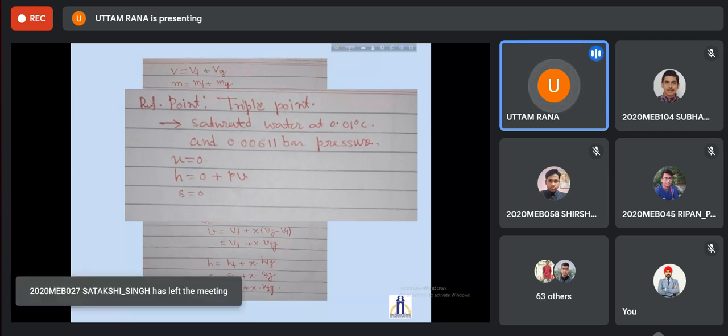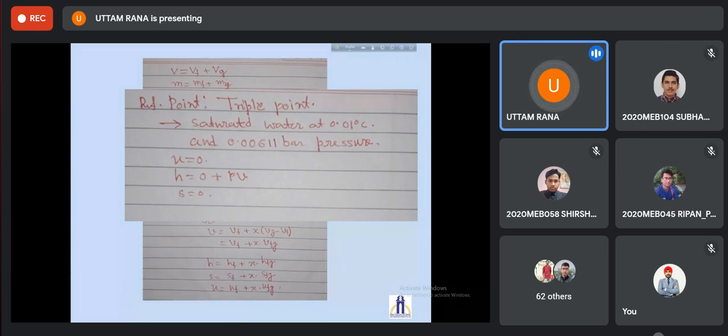But still, by convention, the internal energy and entropy at the triple point are set to 0. Now, if you put internal energy and entropy to be 0, H cannot be set to 0, because at the triple point the pressure value is non-zero, and the specific volume of the fluid cannot be 0 for a given mass. So the H value will be very small.